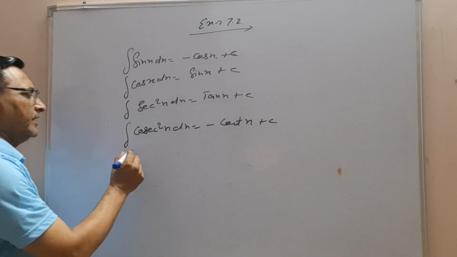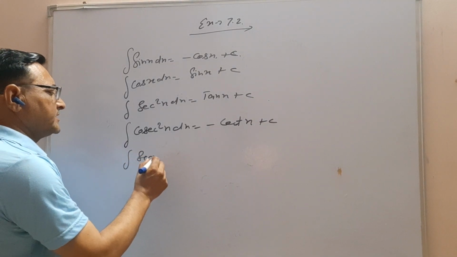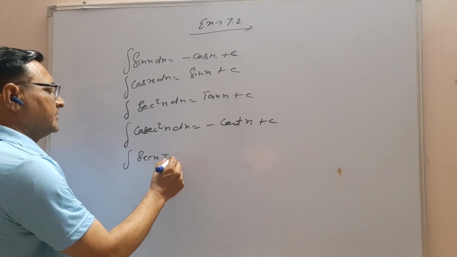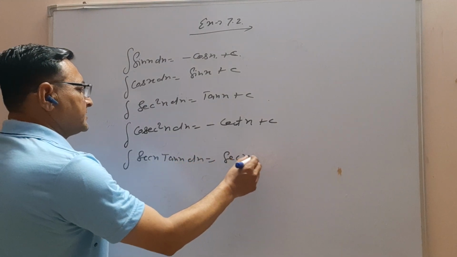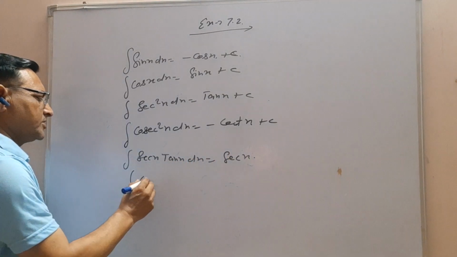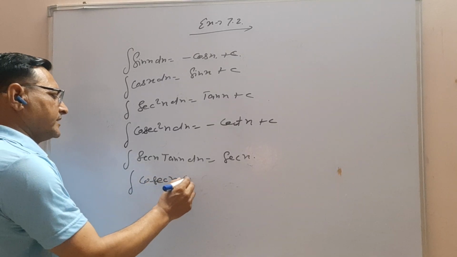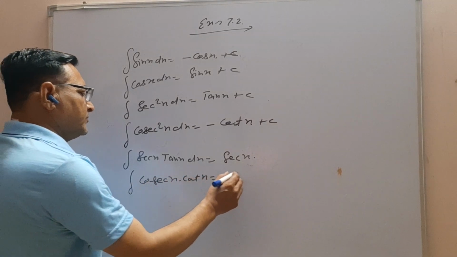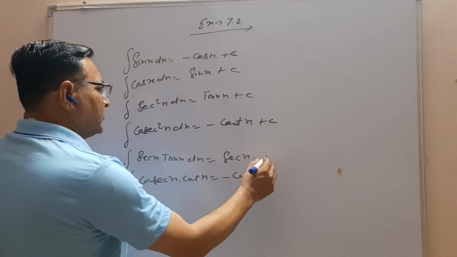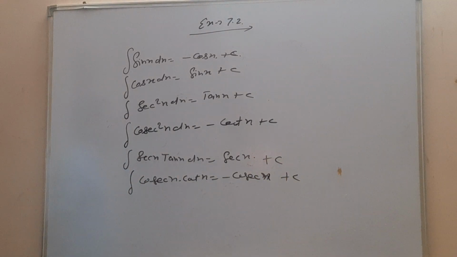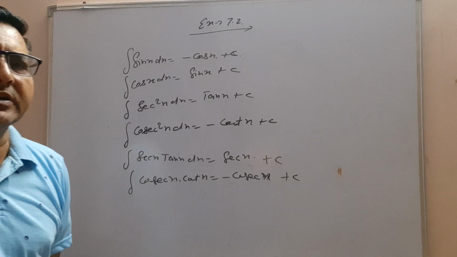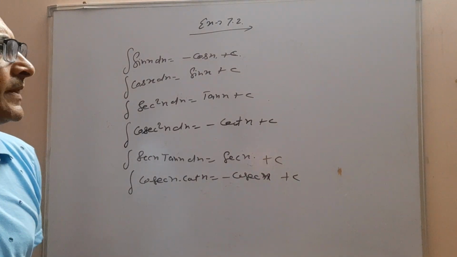And after that, integration of secant x into tan x is equal to secant x. Integration of cosecant x into cot x is equal to minus cosecant x. These are the integrations of some trigonometric functions.